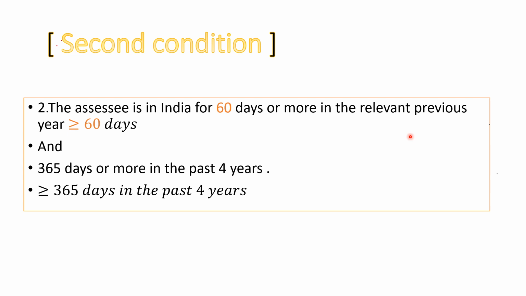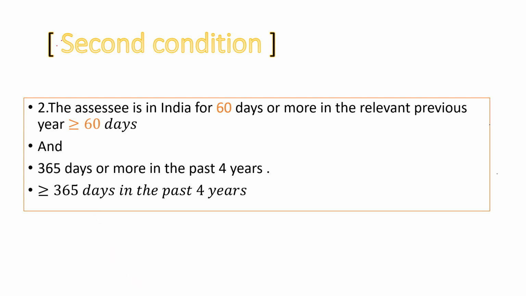And in the last 4 years, he should stay in India for 365 days or more. This means in the last 4 years, he is supposed to be in India for a minimum of 365 days, either 365 days or more.